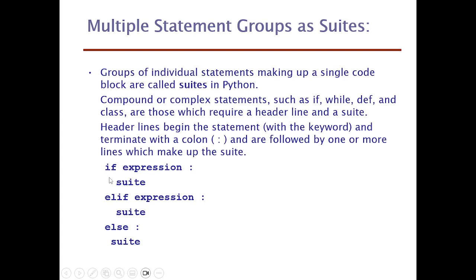So if we have the if, elif, and else statements: if expression, it will display suite, elif, then we have the expression also, suite, then else we declare as suite. So this one displays the complex statements.